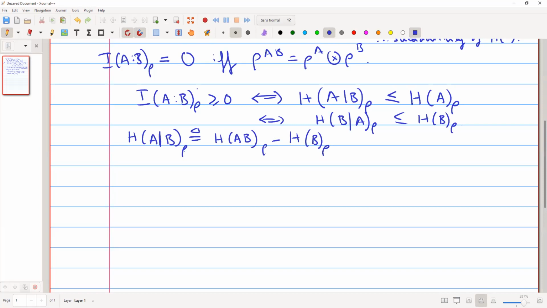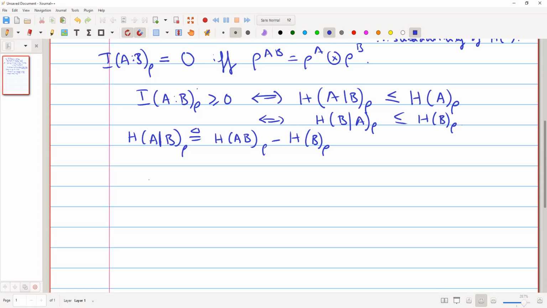Again, this is nothing but mutual information being greater than or equal to 0. Just to refresh your memory from the last lecture, we define conditional entropy this way, and we have already seen that conditional entropy can in fact be negative.